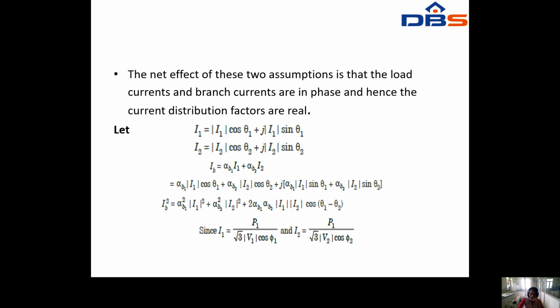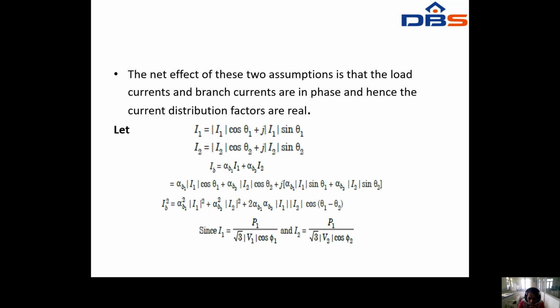Then squaring, IB square equals alpha B1 square I1 square times cos square theta 1 plus sin square theta 1, which is 1, plus alpha B2 square I2 square times cos square theta 2 plus sin square theta 2, plus 2 alpha B1 alpha B2 I1 I2 cos of theta 1 minus theta 2.